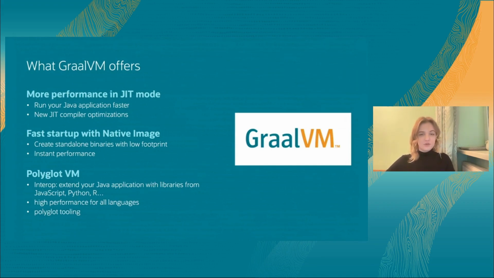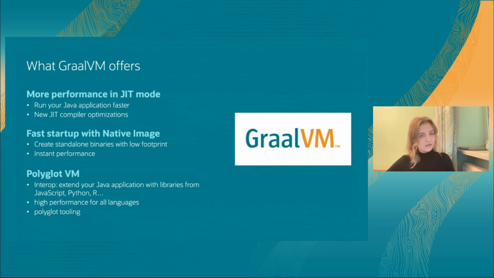You would just replace your normal JDK distribution with GraalVM, and you will have all the same tools and libraries and IDEs available to you as with any other JDK. And the only thing that will be changing is the top tier compiler. So that is the highly optimizing compiler, and GraalVM has its own brand new Graal compiler that for many and many workloads will give additional performance benefits.